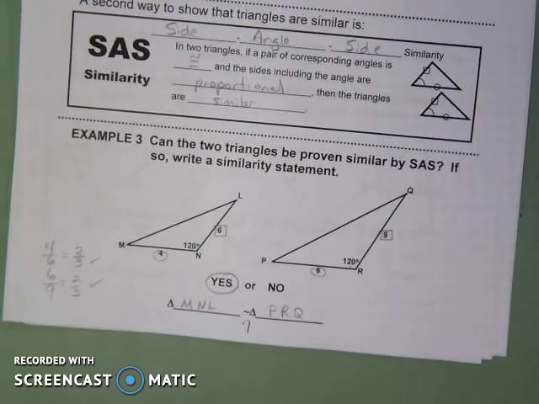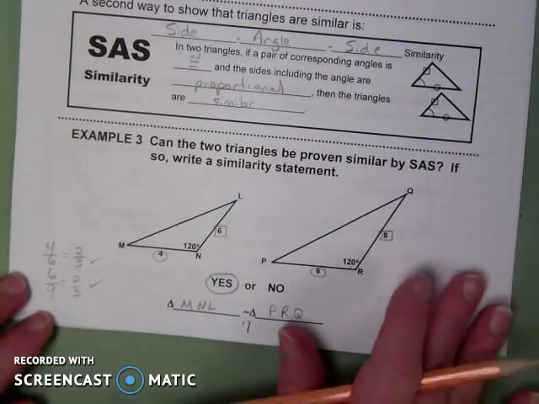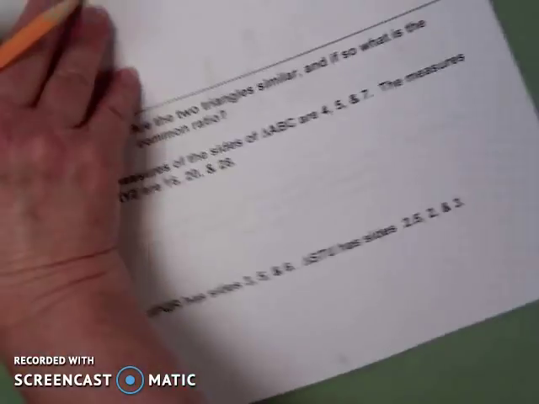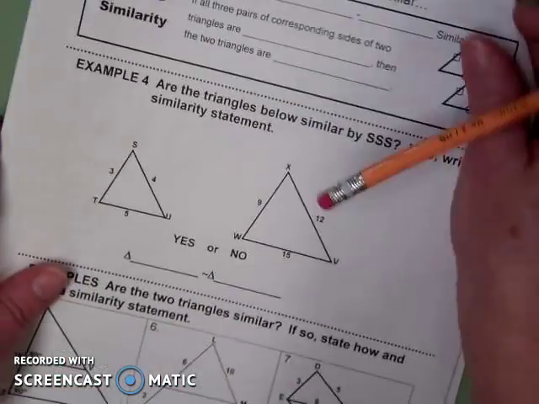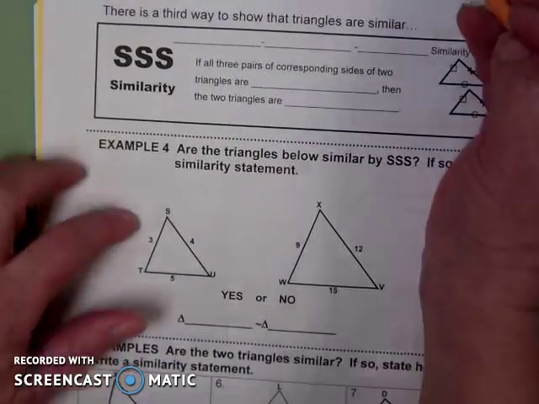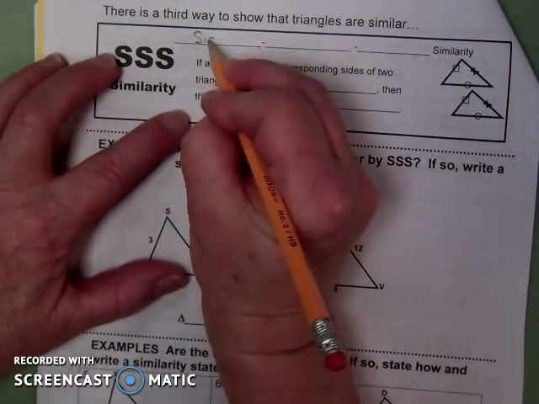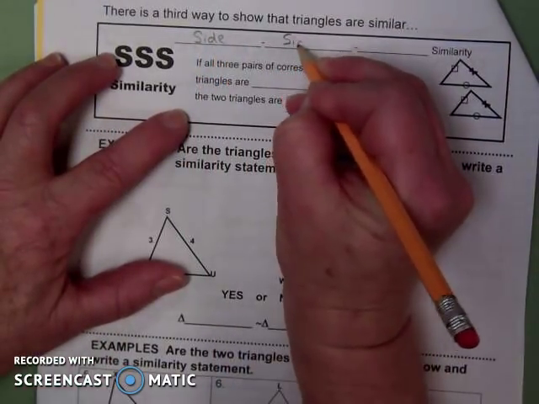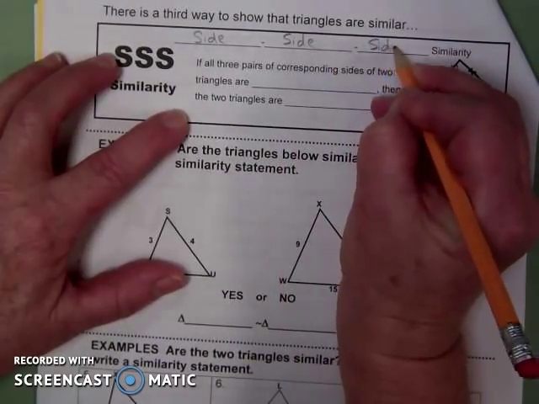If you need to pause this video at any time to get everything down, please do that. Otherwise, go ahead and turn to page 8. We have our last similarity statement. The SSS similarity stands for, you got it, side, side, side.